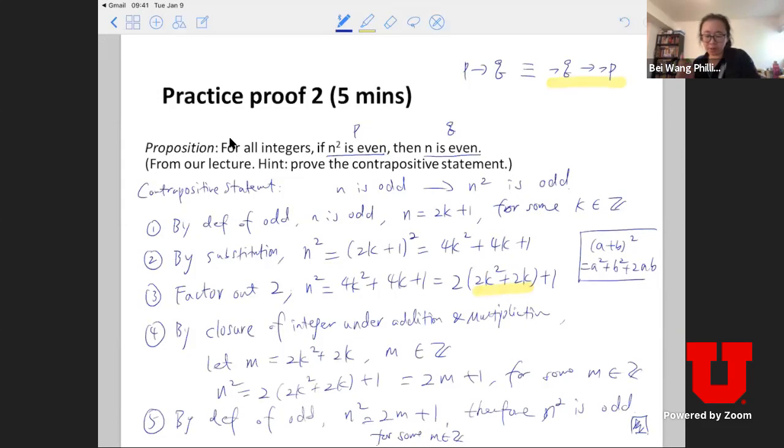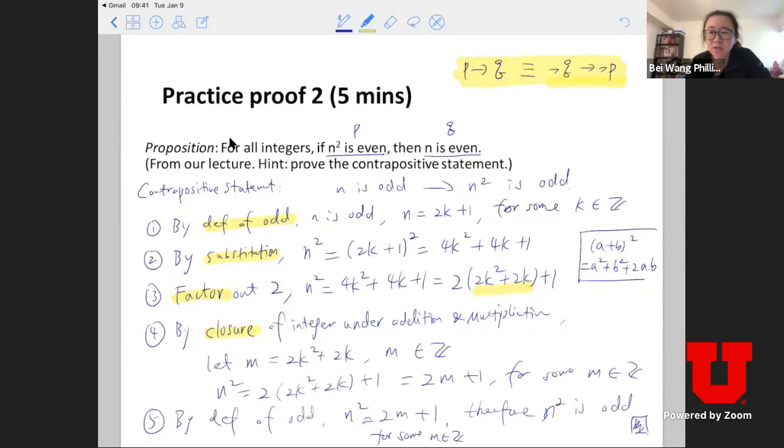Okay, the most important steps in this proof is that you first need to understand what is the logic equivalence between implication and its contrapositive statement. And then you're using the definition of something being odd. You're using substitution, factorization, and then the closure property of integer under addition and multiplication.